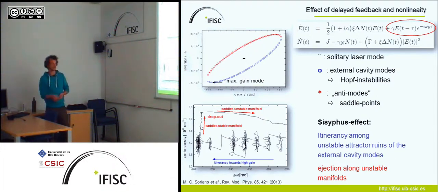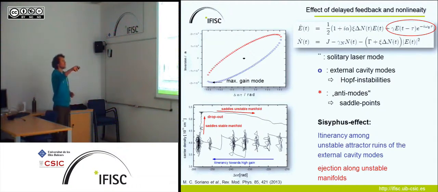The laser enters this representation from the right, goes down the cavity modes towards the region of higher gain, which is down here. As soon as it reaches here, it becomes very close to one of these antimodes. And as soon as it collides with one of these antimodes, it's quickly re-injected into a region close to the solitary laser mode, or to the low gain region.